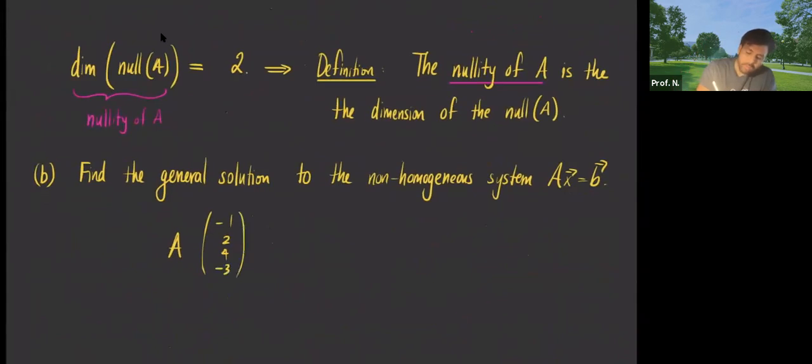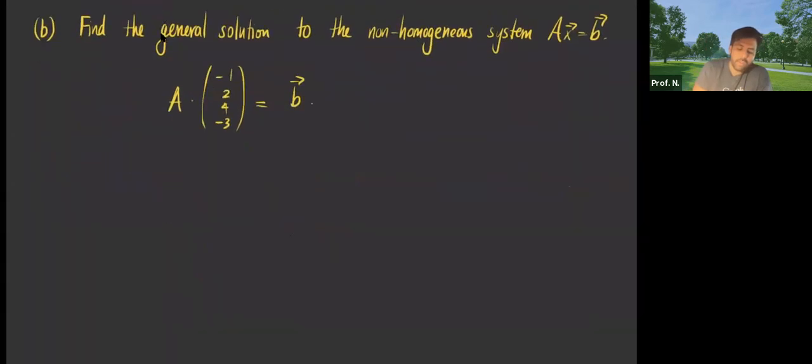If you multiply A by -1, 2, 4, -3, you get the vector B. And we didn't specify what B was, and we didn't specify what A was. We just knew that when we multiply this together, we get B. So the question is, what's the general solution?